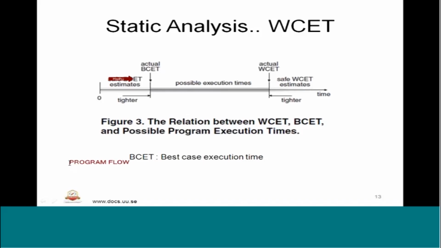Then we need to have low level flow analysis, because individual low level analysis will matter in terms of high level program flow collectively. And of course, we have a calculation of all this flow. These three are very important steps in terms of worst case execution timing analysis.